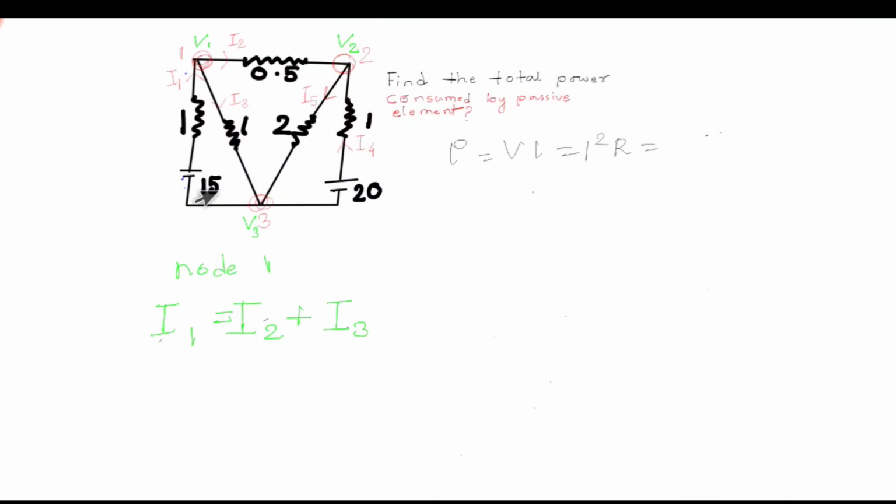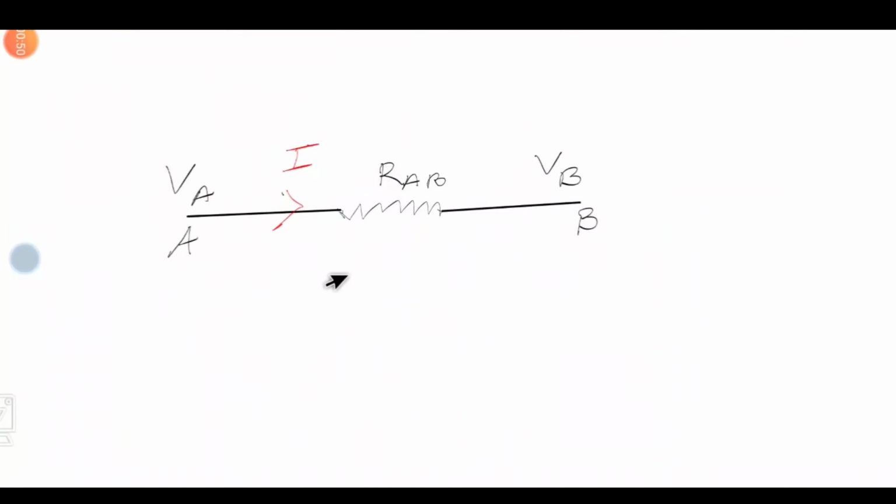Before proceeding, we have to understand how we derive the current when there are two voltages and one resistance present in a branch. Suppose this is a branch, and the voltage at A is VA, the voltage at B is VB, and the resistance between these two points is RAB.